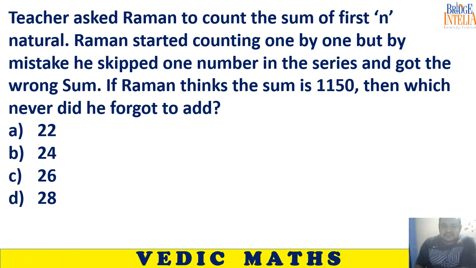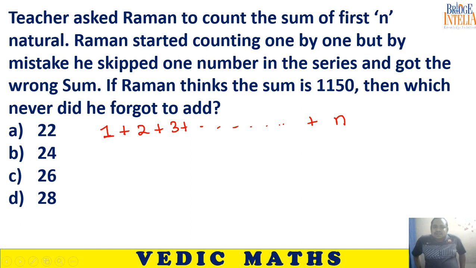Now what is the meaning of this question? The teacher asked Raman to find out the sum of this series, but Raman did not know the formula. That's why it is given in the question that he started counting one by one. He started counting one by one, but by mistake he skipped one number somewhere.